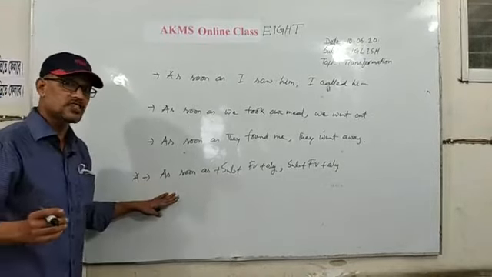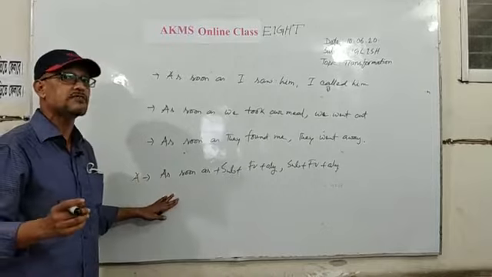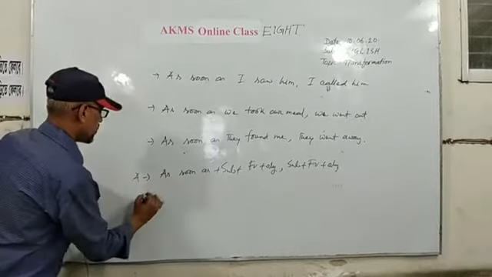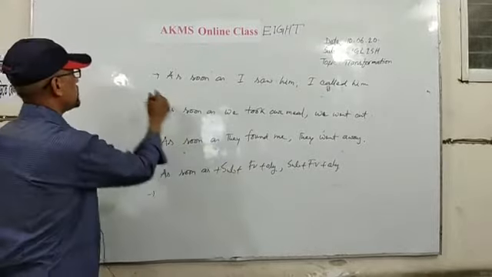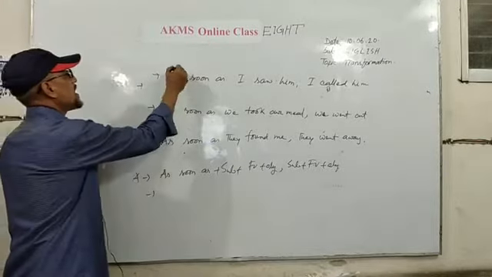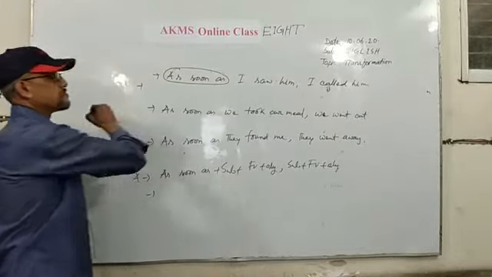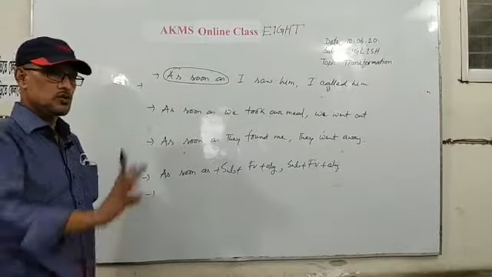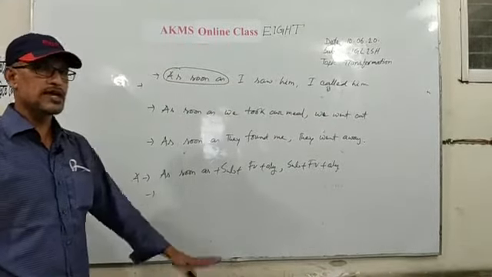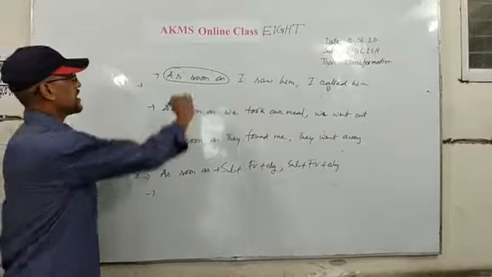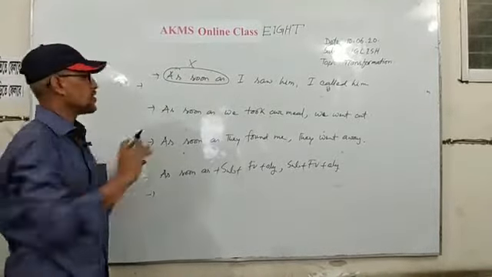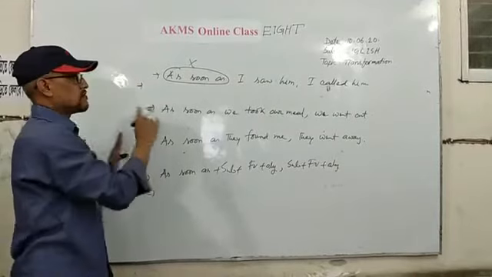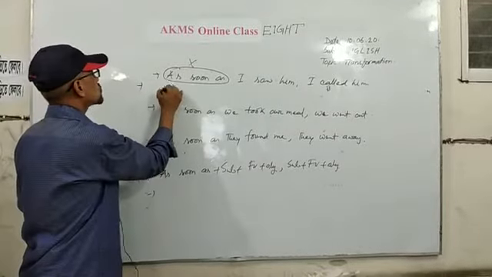Whenever you are asked to transform it into negative, what will you do? I will write the structure next time. You will erase "as soon as". You should not use "as soon as" in the negative form. By erasing "as soon as", you can use "no sooner had".